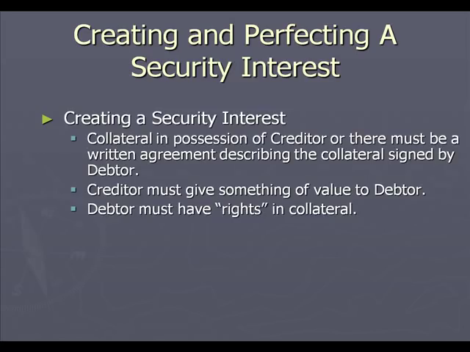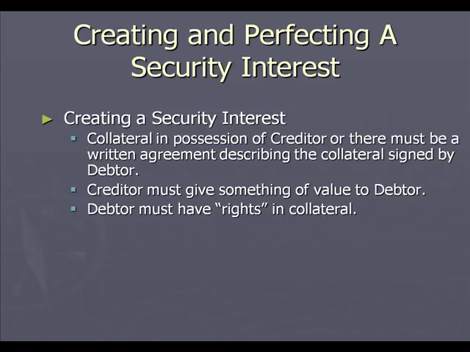In order for the security interest to be valid, the creditor has to give something of value to the debtor. So a person can't just get a security interest in someone else's property, collateral, without having given them something. Usually in this case it's going to be a loan for some money.